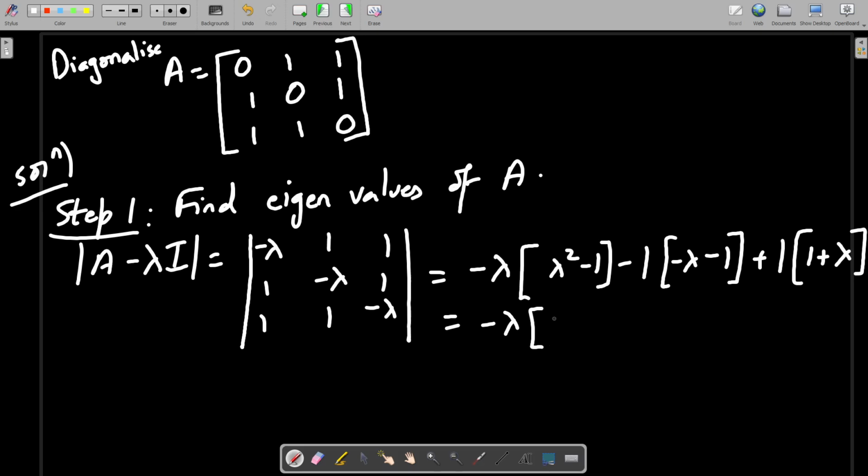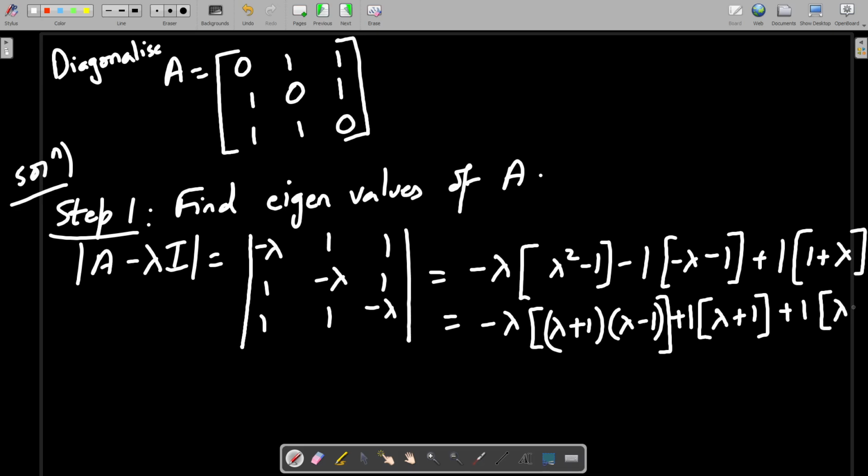Minus lambda. This is lambda square minus 1. As I told you in the previous problem, this is x square minus a square. This can be written as lambda minus 1 into lambda plus 1. I'll take the minus sign common from here, make this plus 1 into lambda plus 1, and this is anyways plus 1 into lambda plus 1.